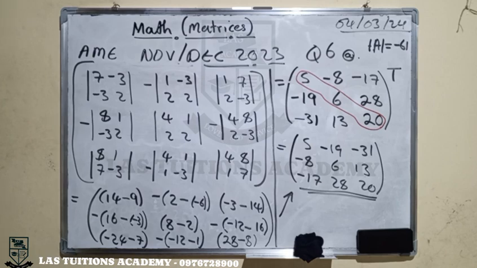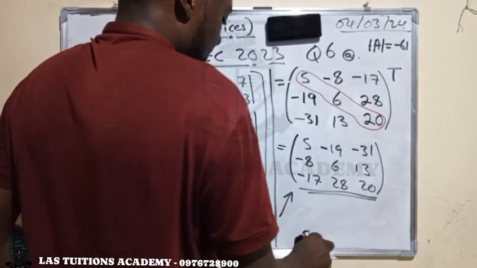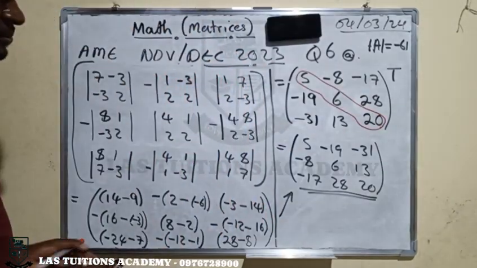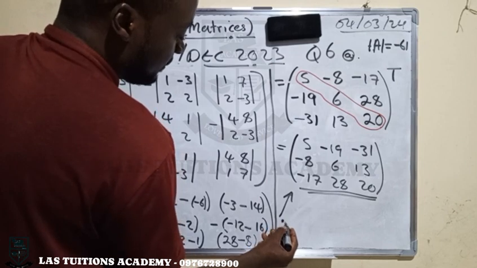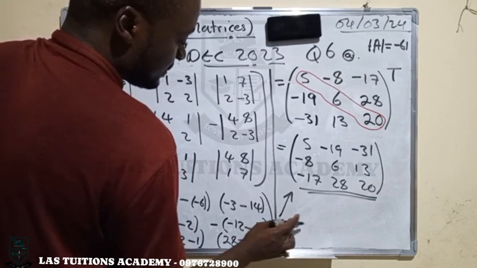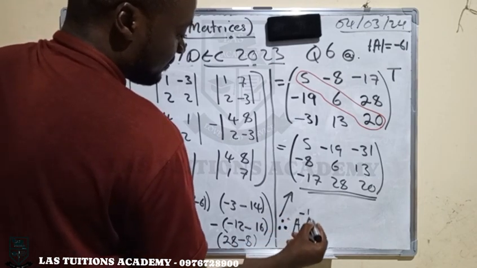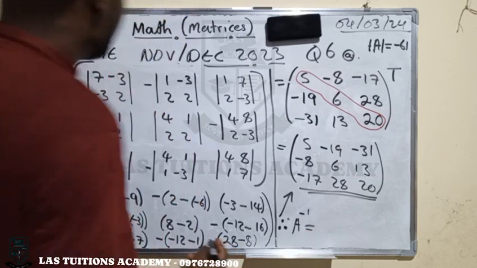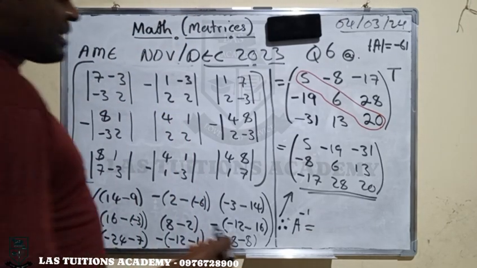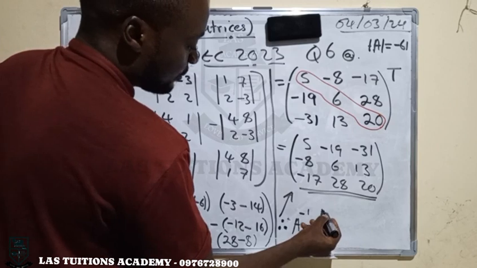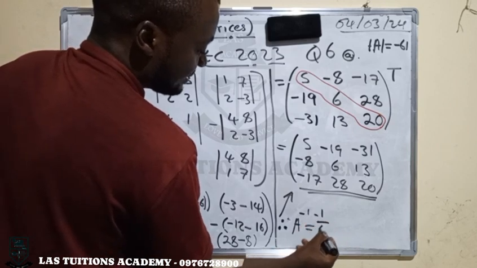So now from here we are saying, therefore, A inverse is equal to, since we said A inverse is 1 over determinant times the adjoint, so we're going to have negative 1 over 61.